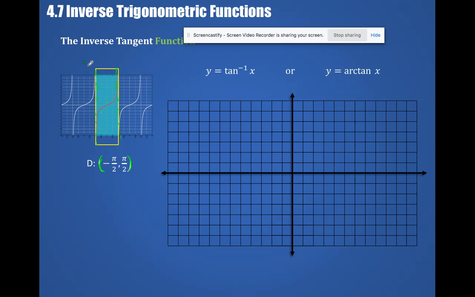Hey, if there are vertical asymptotes on tangent and inverse functions switch x and y, guess what inverse tangent is going to have? Oh, snap! Horizontal tangents. Oh my goodness, it all makes sense.